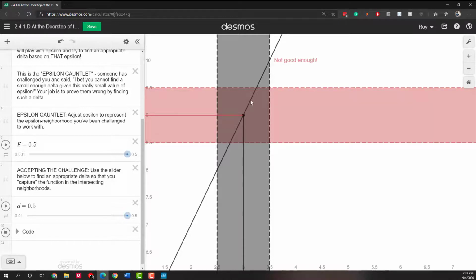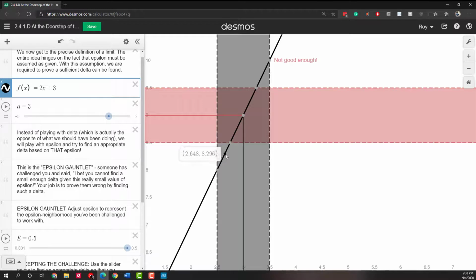Notice our gray band, our delta neighborhood, is so wide that it contains our function. It has x values within this gray area that land on our function outside of that red bar.